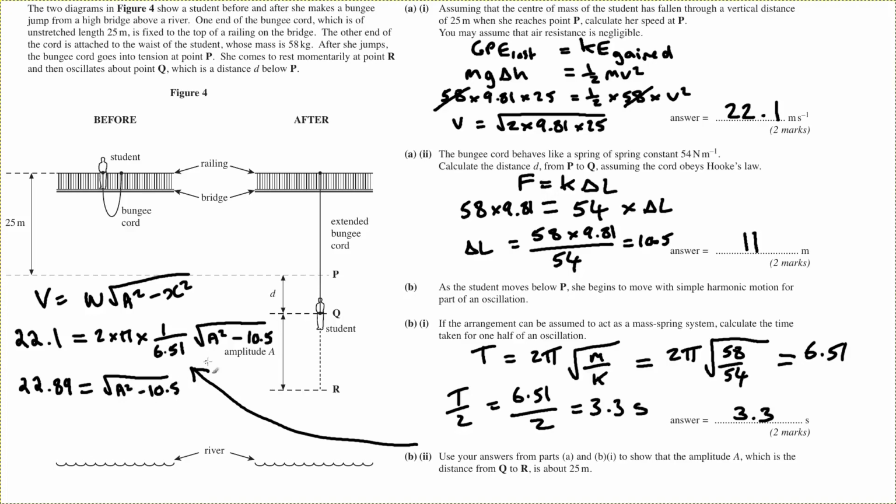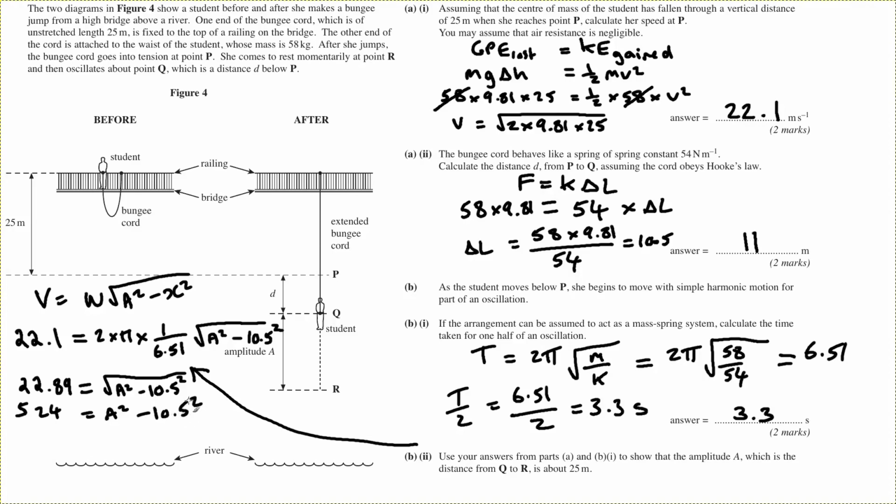So we've got 22.1 equals 2 pi over 6.51 times the square root of A squared minus 10.5 squared. Then it's a case of just rearranging that equation.